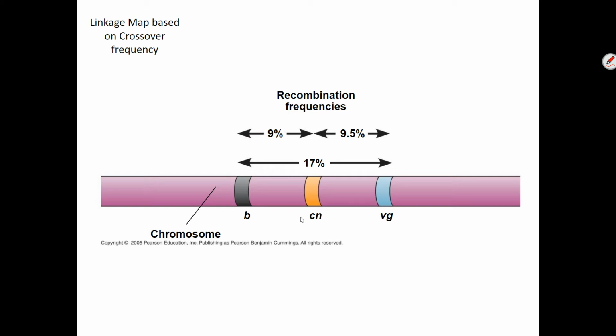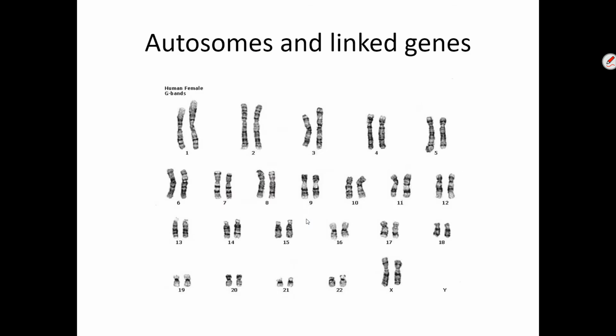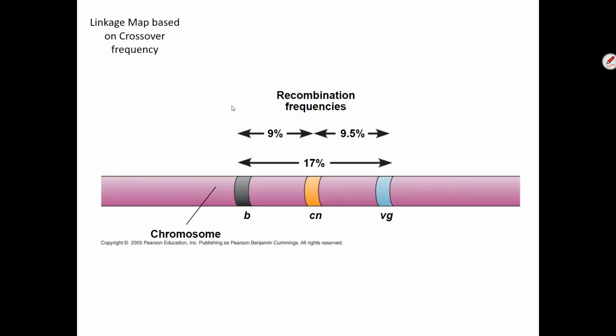Gene B and gene CN here are linked because they are on the same chromosome. If you look back here, they could both be on chromosome 1, whereas gene VG, I'll just name one, is located on chromosome 2. It is not linked to those genes that are located on chromosome 1. And so all of these genes are located on the same chromosome. Therefore, they are considered linked.